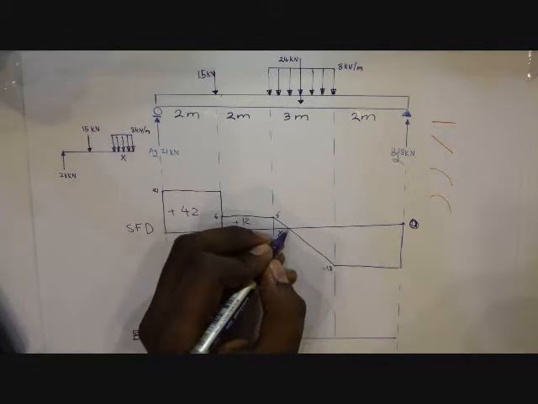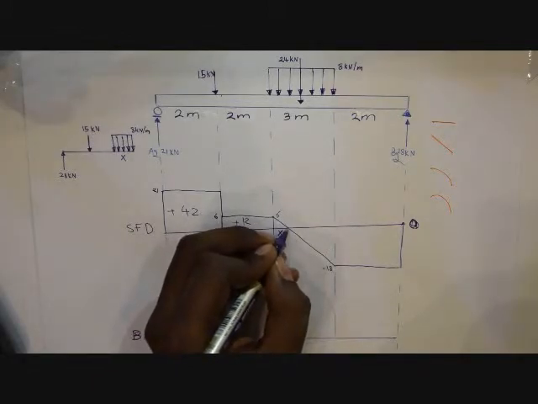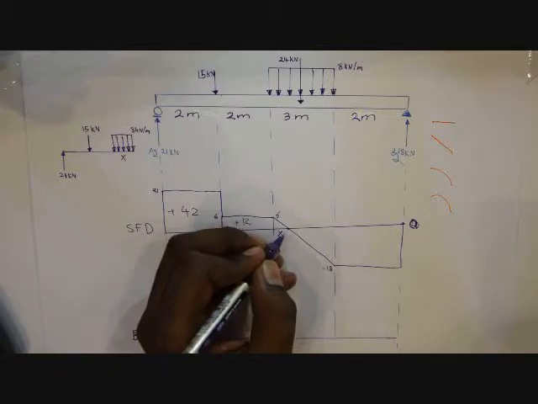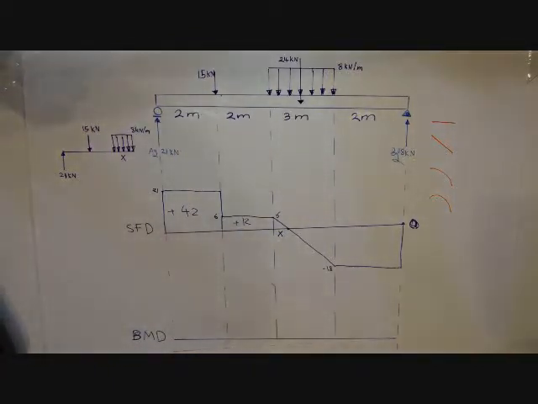In order to find the x, first of all, we know that the shear force at this point is 0, right? So we can solve the summation of forces in y direction and set it equal to 0, and then we can find the x.